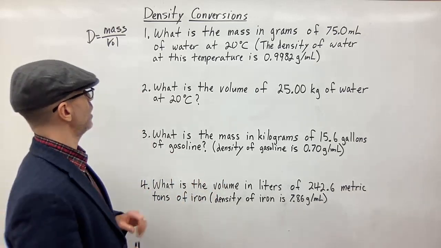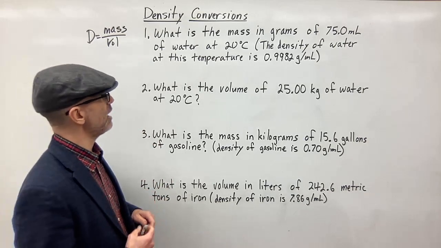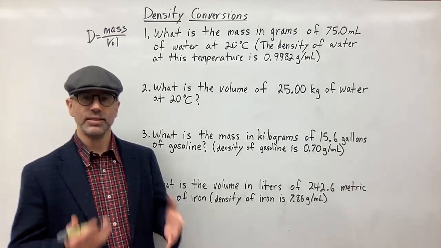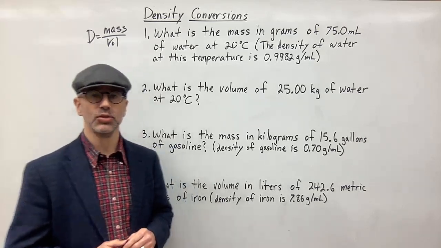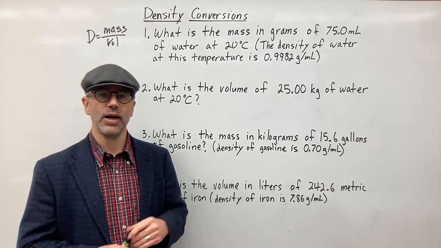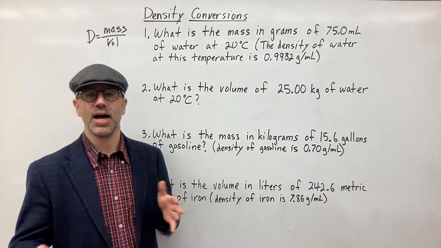So the first problem is, what is the mass in grams of 75 milliliters of water at 20 degrees Celsius? We need the density of water at 20 degrees Celsius. You might know that water has a density of 1 gram per mil, but that depends on the temperature.